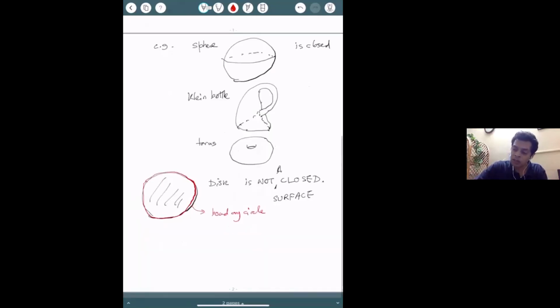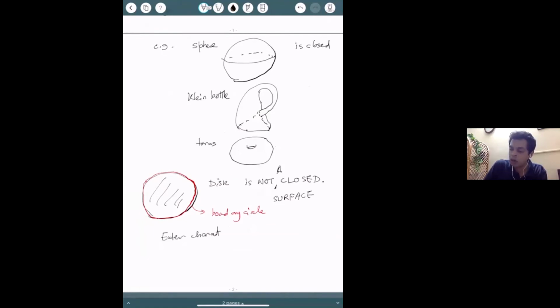Things which are not closed surfaces are also equally important, and they arise, like the Mobius strip. One of the questions was about computing the Euler characteristic, or Euler number, of a Mobius strip.